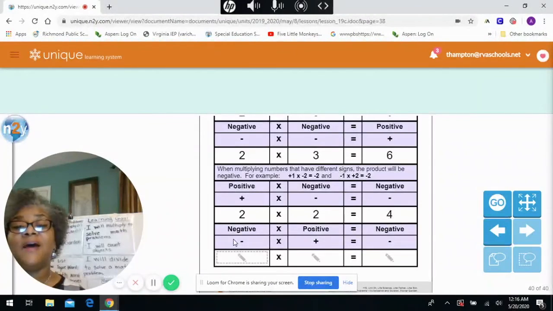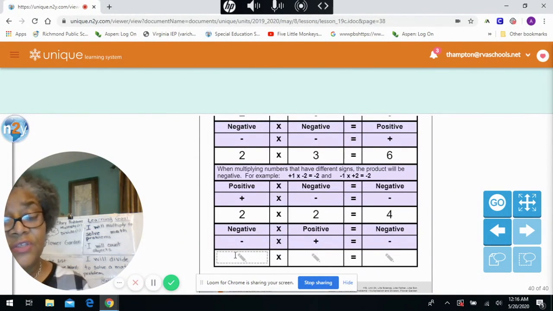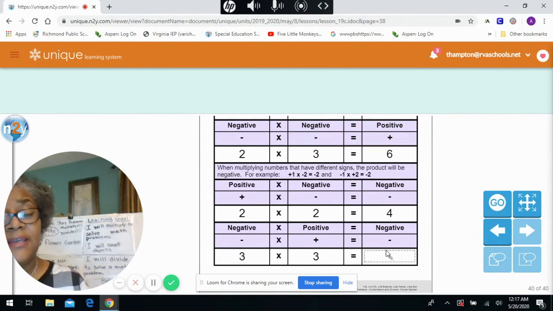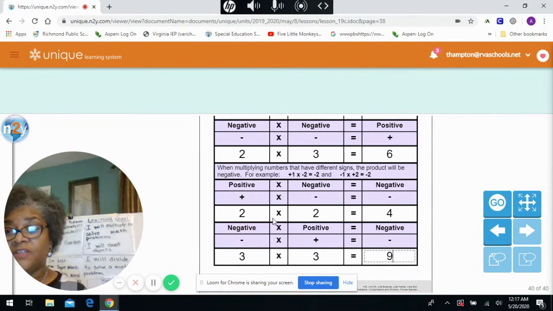If the signs are not the same, it will be negative. So let's do this one: negative 3 times positive 3 is still a negative. 3 times 3 is 9, so negative 9. Good job.